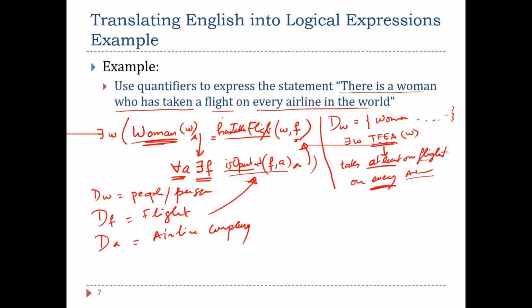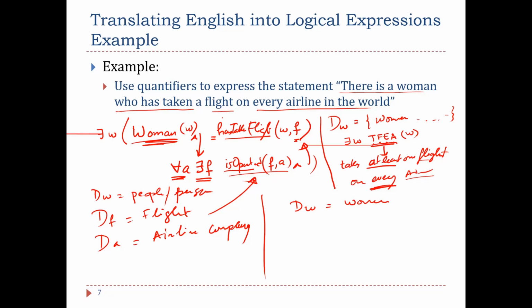So intermediate solutions could be something in between. So I could, for example, limit W to be just the set of women. And I can use a predicate.